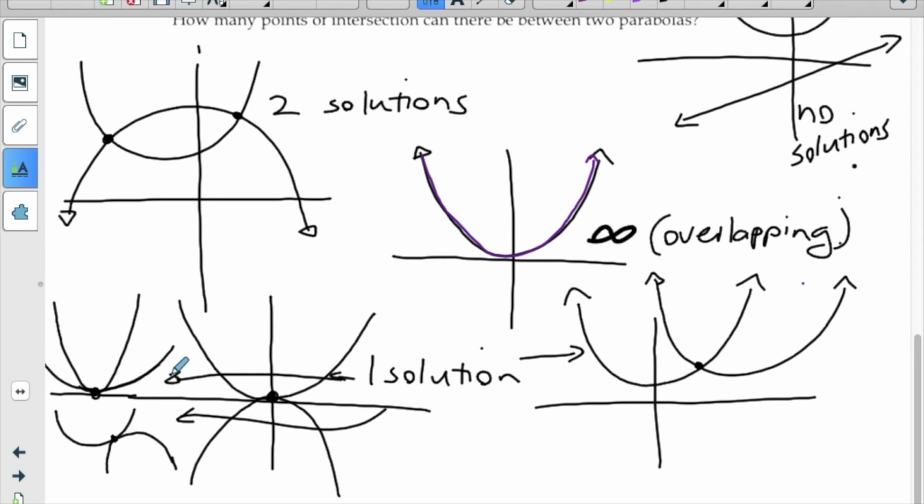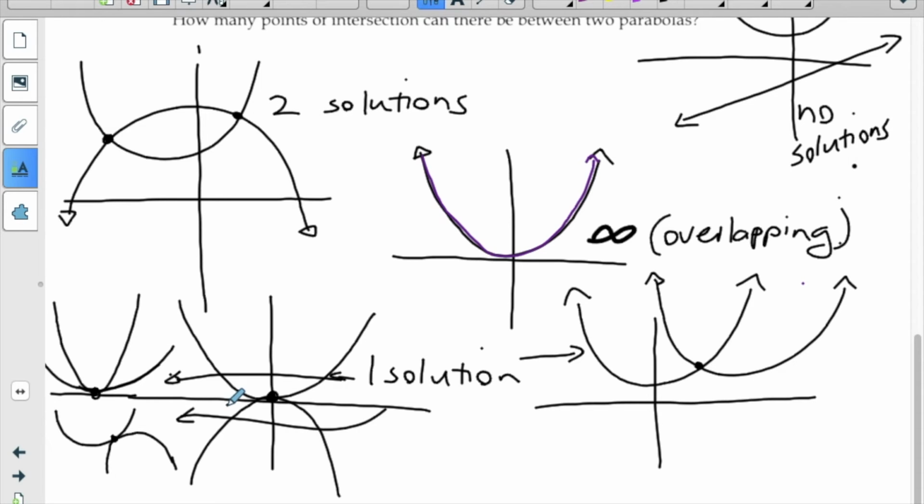No, you won't have 3 solutions. Because then you'd have to have a third one, right? If they had different, but then you have another parabola in there. Okay, but there's one more possibility that you guys aren't considering. Because so far we have 2, infinite, 1. These are all different cases of 1. There's another one.